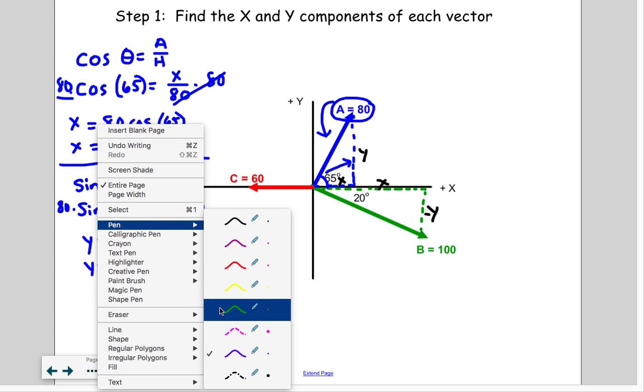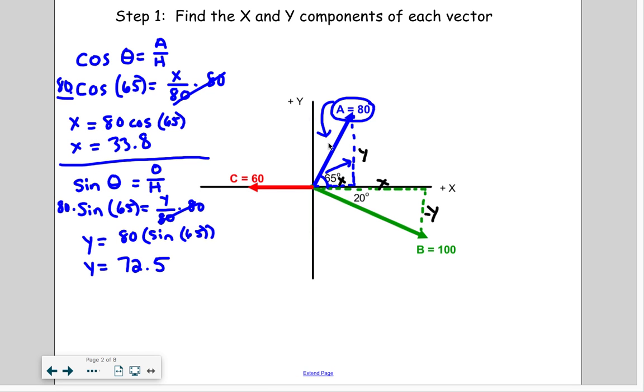Now let's do the x and y components of the green. These are all going to be on the next slides too, typed out so you'll be able to see it a little better in case you can't read my handwriting. For the green, I'm down here. Here's my 20-degree angle. I'm going to determine whether this is going to be sine or cosine for the x. Well, this is which side?